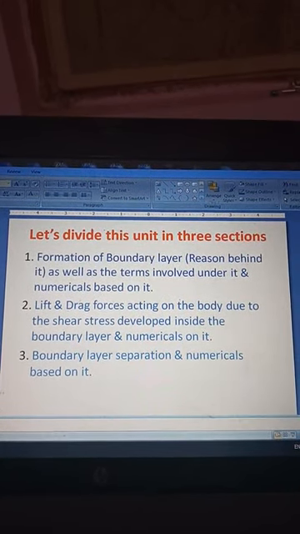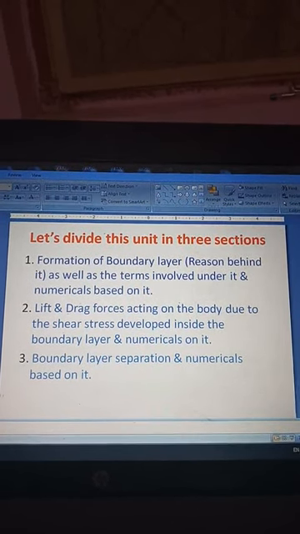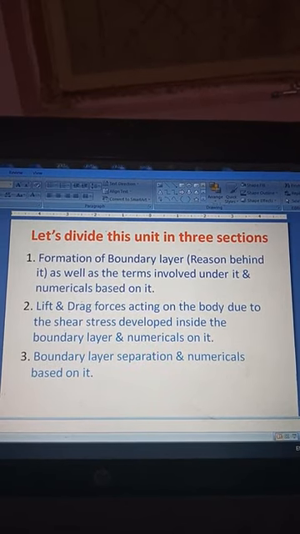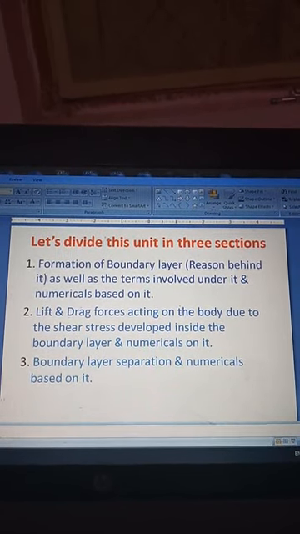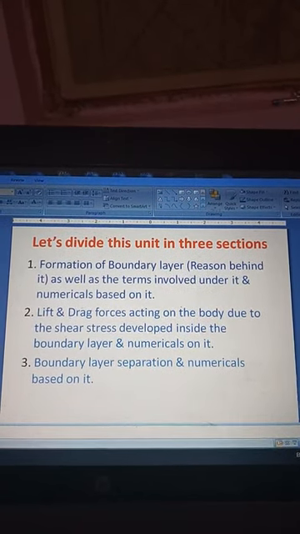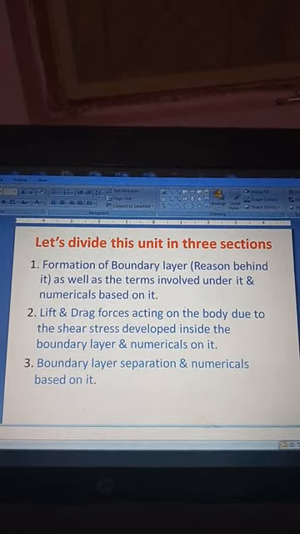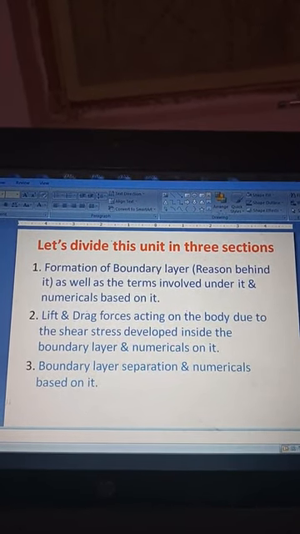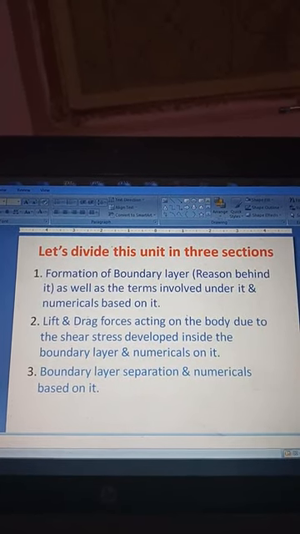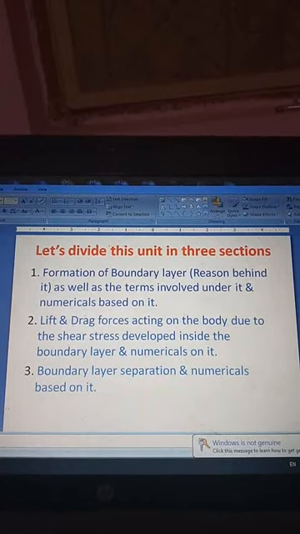In the second part, we are going to take lift and drag forces acting on the body due to the shear stress developed because of the boundary layer and the numericals based on it. In the last part, that is boundary layer separation and the methods to control this separation, as well as the numericals based on this separation of the boundary layer.